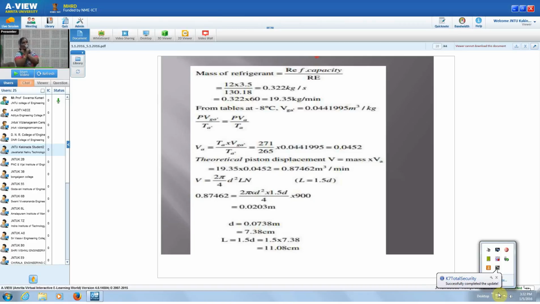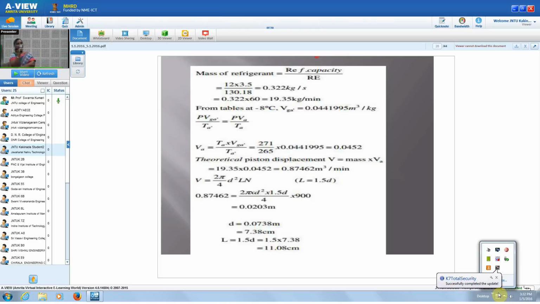So VA is equal to TA into V gas at A dash by TA dash. Okay. So TA is given as minus 2 degrees centigrade. And TA dash is nothing but minus 8 degrees centigrade. And the volume of the vapor is given 0.441. So with this you find out what is the volume of the refrigerant at the suction of the compressor.